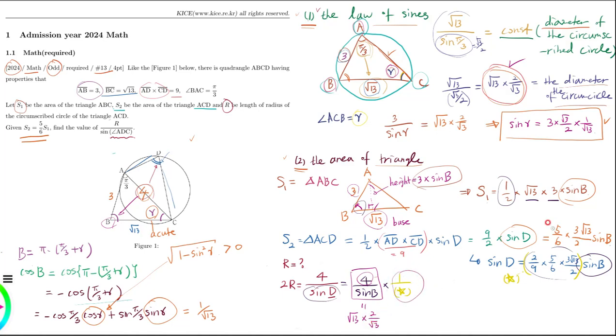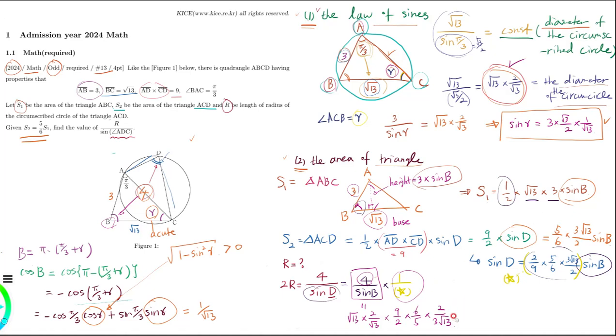So this 1 over star, if I compute, and then 9 over 2, 6 over 5, 2 over 3 times square root of 13 here.